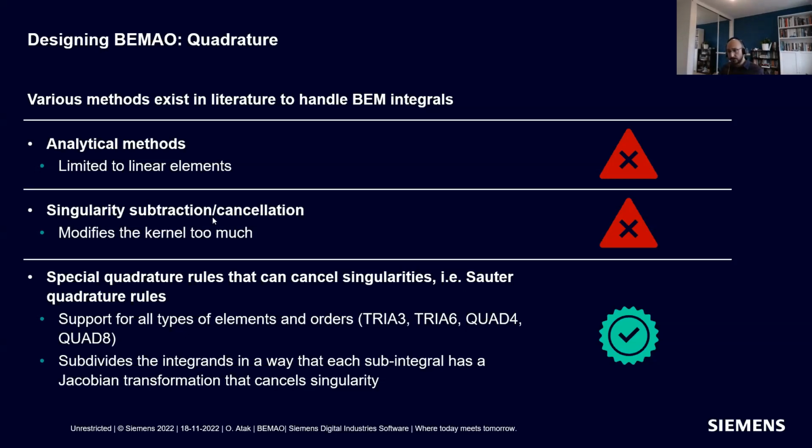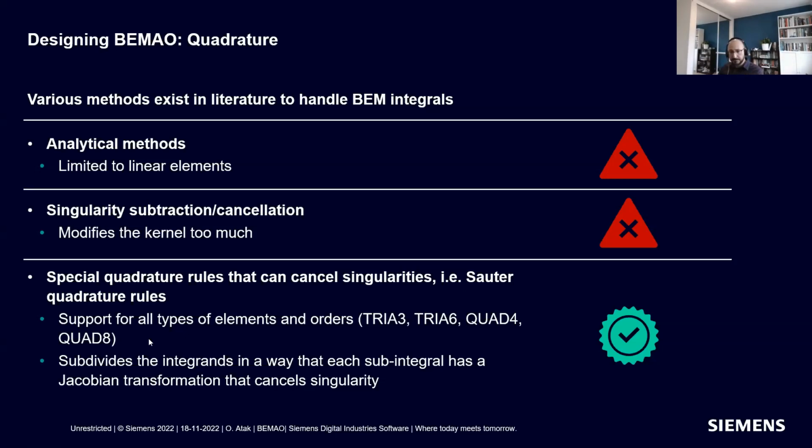So we resort to these very nice singularity-canceling quadrature rules by Sauter and Schwab. When you have them as a quadrature library, they can be applied to all kinds of elements. We use tria 3, tria 6, quad 4, quad 8 type surface elements, all of them and all their combinations.